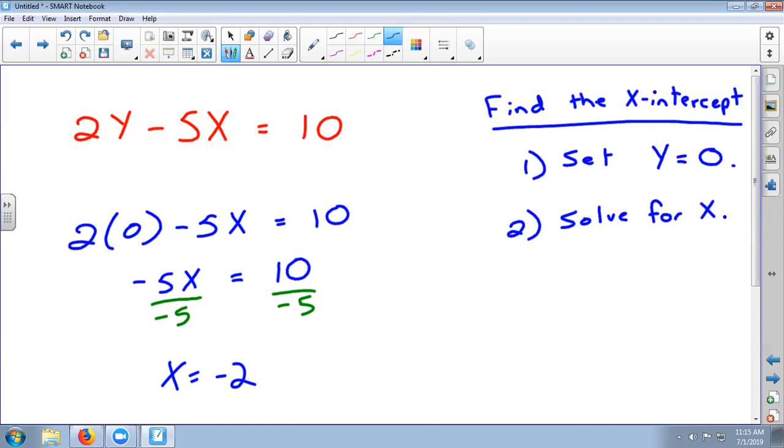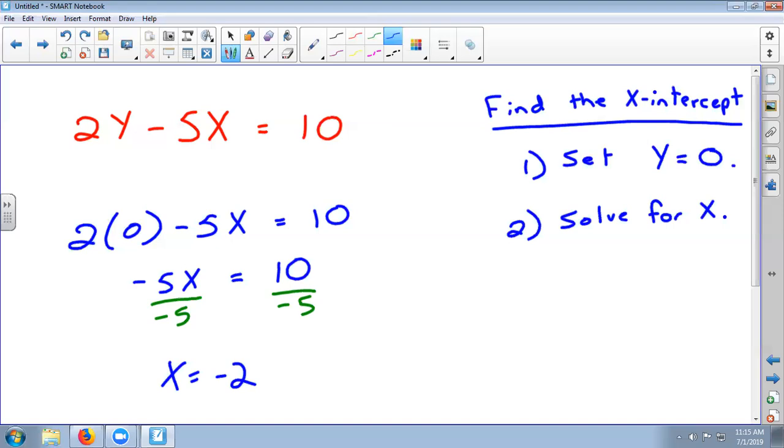Here's the trick question. What is the x-intercept? Here's the trick, and it's not really a trick at all. It is a point.